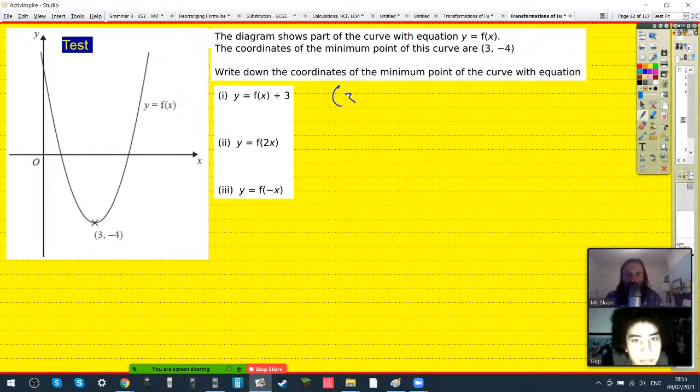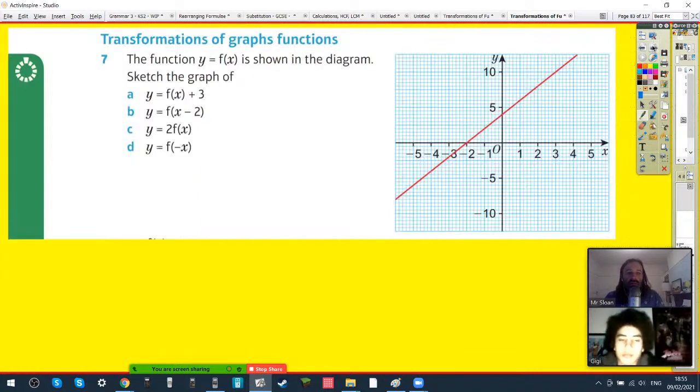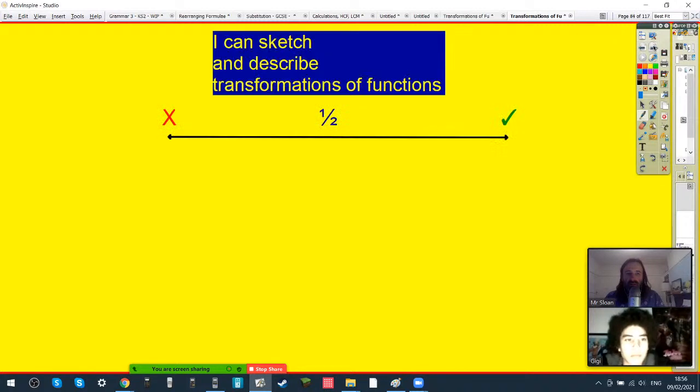Well done. Second one would be 6, minus 4. If it's next to the x, then it would be a 1.5, minus 4. And that one would become minus 3, minus 4. Well done. I'm happy with that. Let's see. Yeah, I think you're good. So, in general, I would say tick.